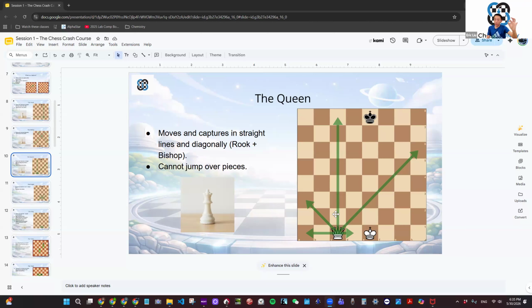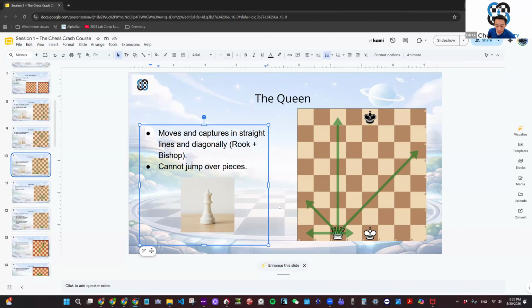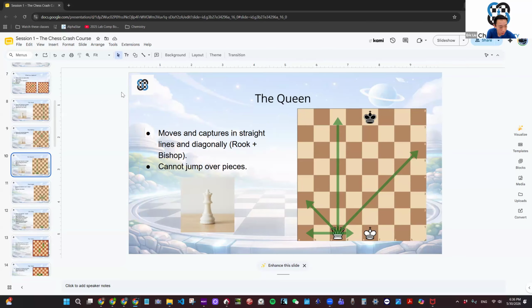The queen is very powerful. The queen is the most powerful chess piece. You see how many squares the queen can go to? Queen can go to a lot of different squares. But it cannot jump over chess pieces.